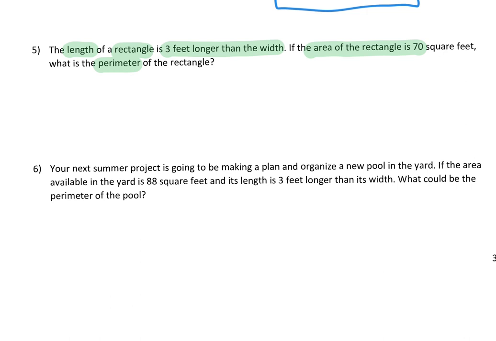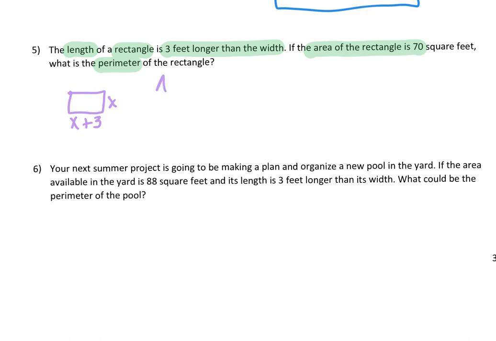All right, so let's draw a picture. We have a rectangle. We're trying to find the perimeter, so we need to find the width, which we'll call x, and the length. We know that if the width is x, the length is 3 feet longer than the width. So I'm just going to add 3 there.